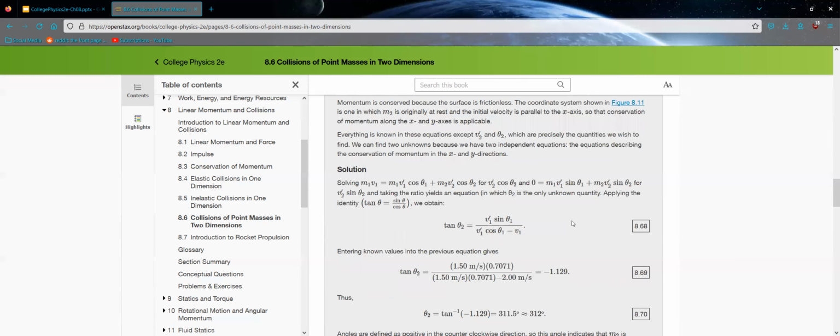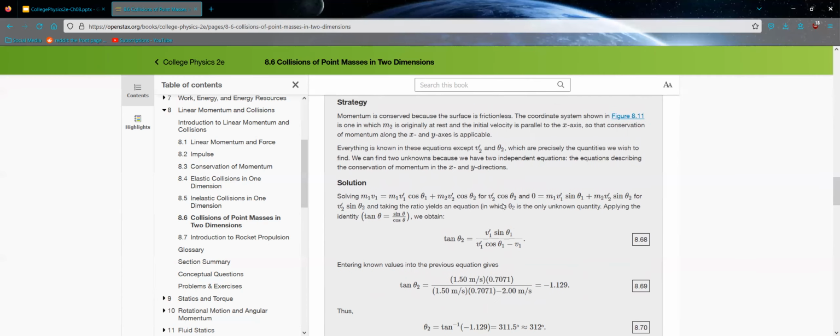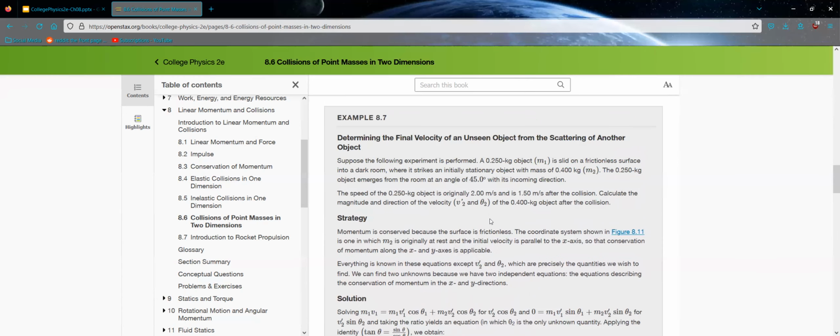Again, the textbooks like to kind of skip ahead in trigonometry and hope that you remember that if you write the equations out, you can then reconstruct them in certain ways, which is why it jumps straight to tangent, given that tangent is sine over cosine. And it's knowing what we're trying to solve for, which is V2 prime and theta 2.